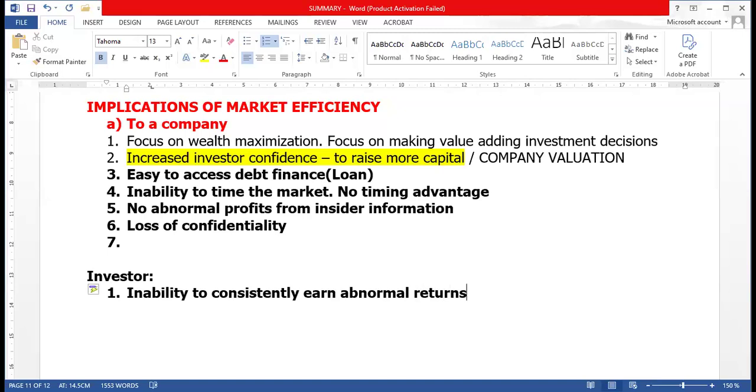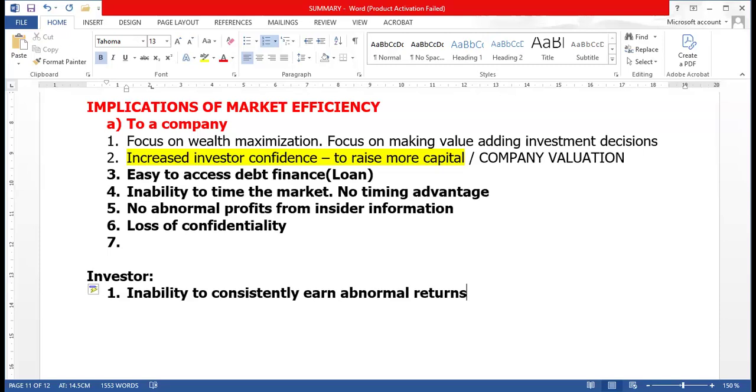Because we are saying that the information that could help you gain an advantage is already reflected in the price. And when new information arises, many investors are also going to act.